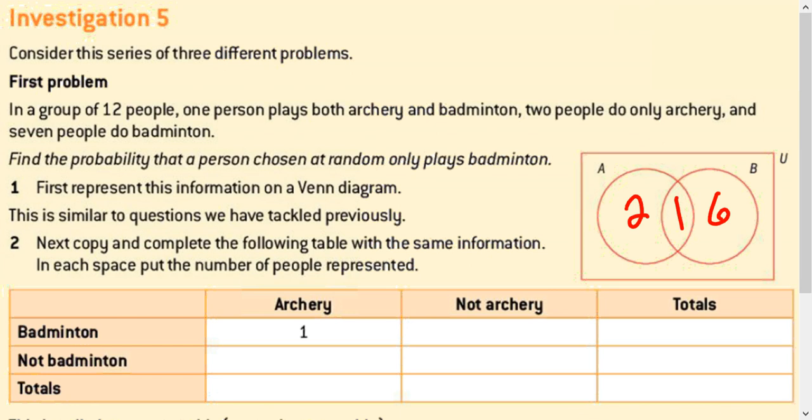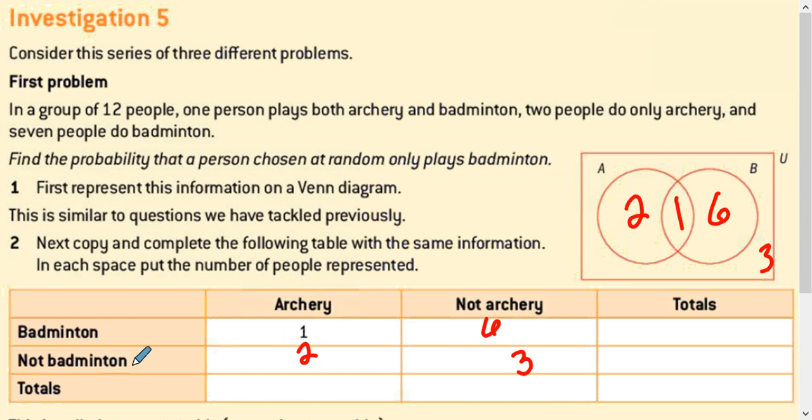Two-way tables can be super helpful for organizing your data because one person plays badminton and archery. Badminton and not archery would be 6, not badminton but archery, so archery and not badminton, that's 2 of them, and neither of them would be 3 because there are a total of 12 people. Then I can total these columns up, which makes probability go super fast.